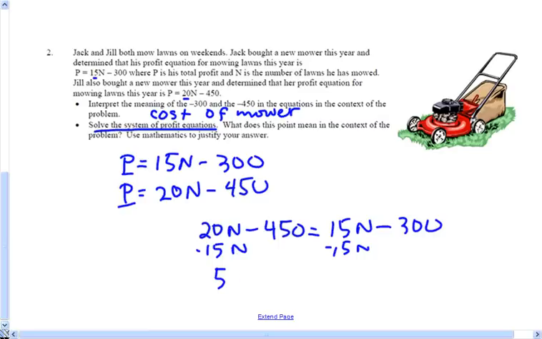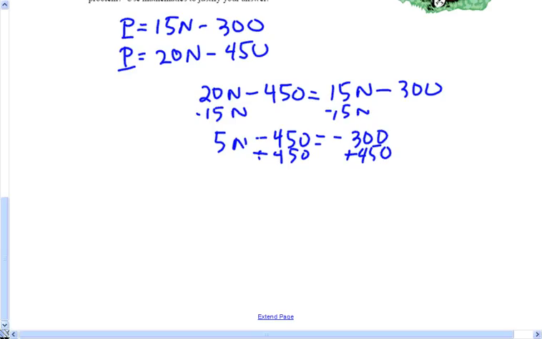Then we get 5n minus 450 is equal to -300. Then we will add 450 to both sides. And we get 5n is equal to 150, divided by 5, and we get n is equal to 30.